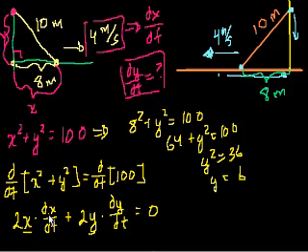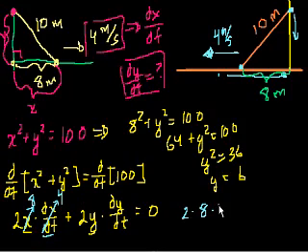So we know x, we know the rate of change of x versus time. That was given in the problem, 4 meters per second. We know y, so then we can solve for the rate of change of y with respect to time. Let's just substitute the values. What is the rate of change of y with respect to time when x is 8? We get 2 times 8, that's x, times the change in x with respect to time at this moment, which is 4 meters per second.